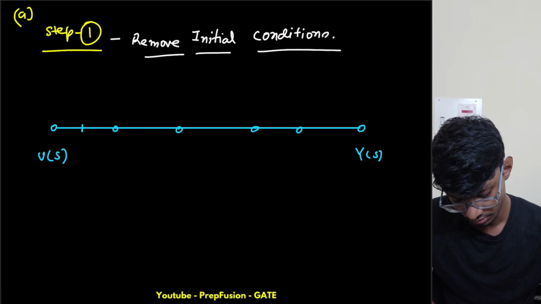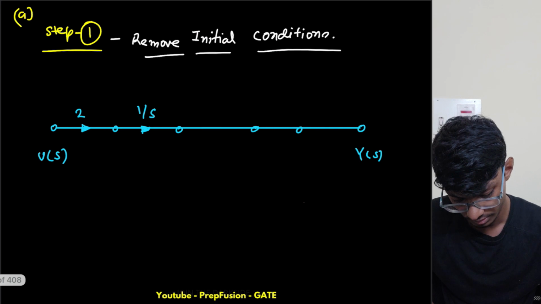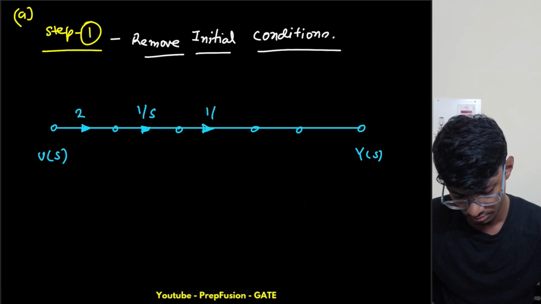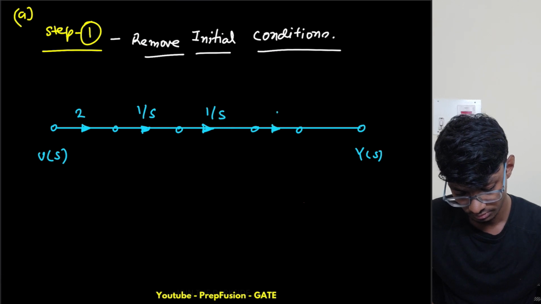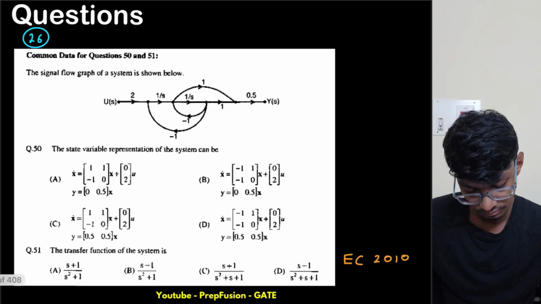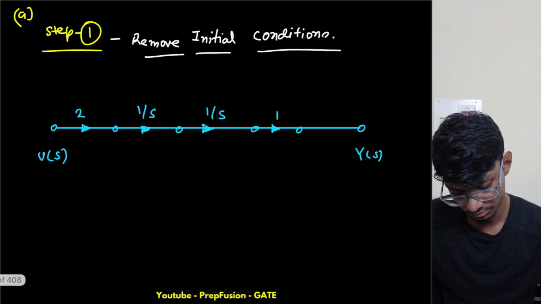This is 2 only, this is 1 by s, this is 1 by s, this is 1, and this 1 by s is coming from here.